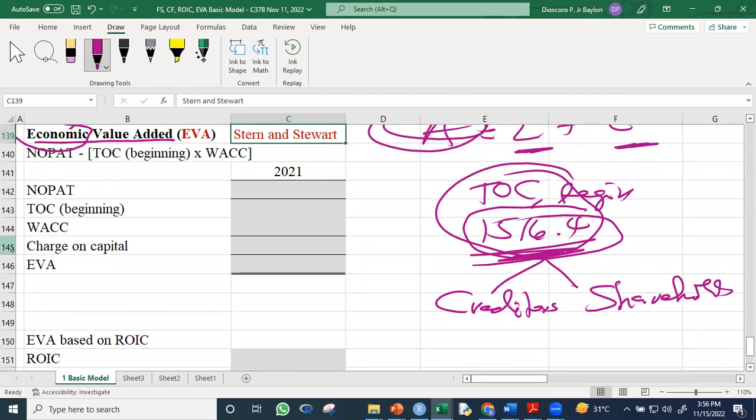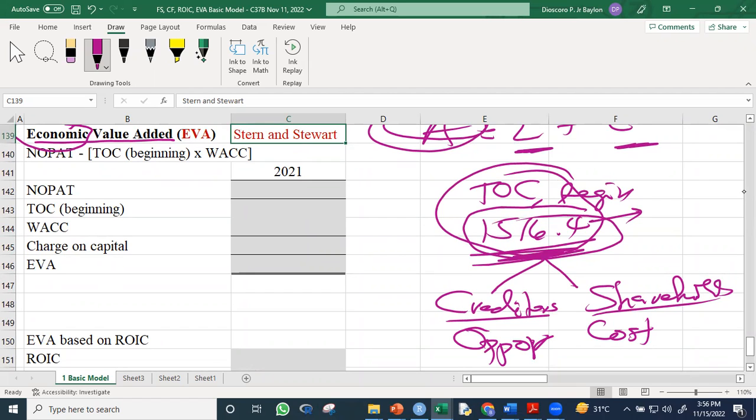Sa EVA, ang concept is that there's an opportunity cost for the investors, which means that the investors, creditors, and shareholders could have placed the money elsewhere, and then they would have earned interest on that. So ang gagawin natin dito, yung TOC na to, hindi natin i-free sa management.